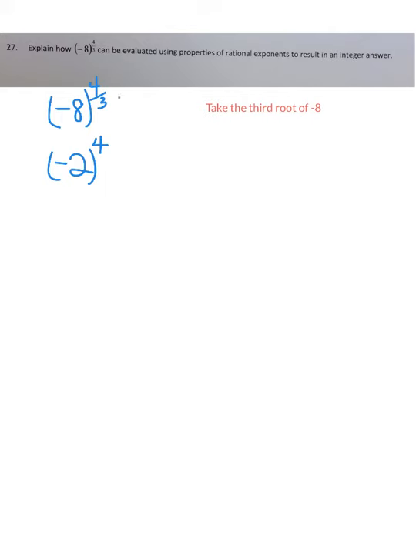And so that's essentially what you did to go from here to here, you took the third root of -8. The next thing I would do then is to raise -2 to the 4th power. And when you do -2 to the 4th power, you get 16.